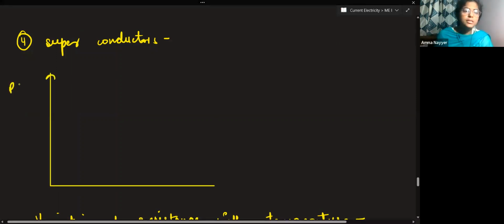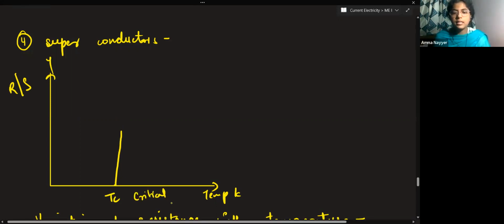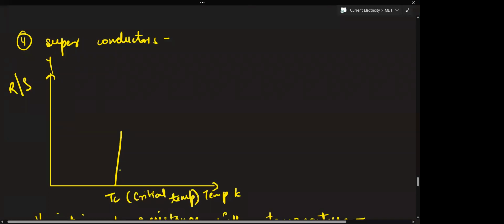So let's say this is the resistance and resistivity graph on the y-axis. This is the temperature axis. Till a certain temperature, which we call the critical temperature, the variation is normal. There is no variation in resistivity.